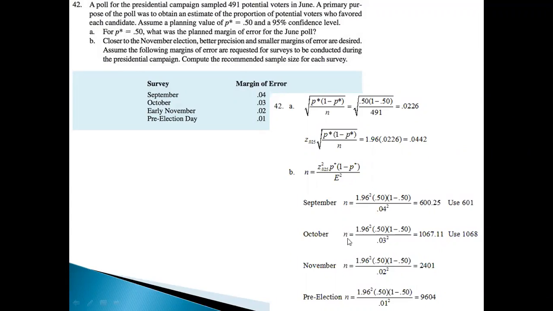Now, most surveys that you'll see online or anywhere, they usually use the 0.03. And that gives them around 1,068. Sometimes it's 1,000, sometimes 1,004. It varies, but that's usually the one that you'll see most of the time, that 0.03 margin of error. And that's all I have, so hopefully that will help you this week.